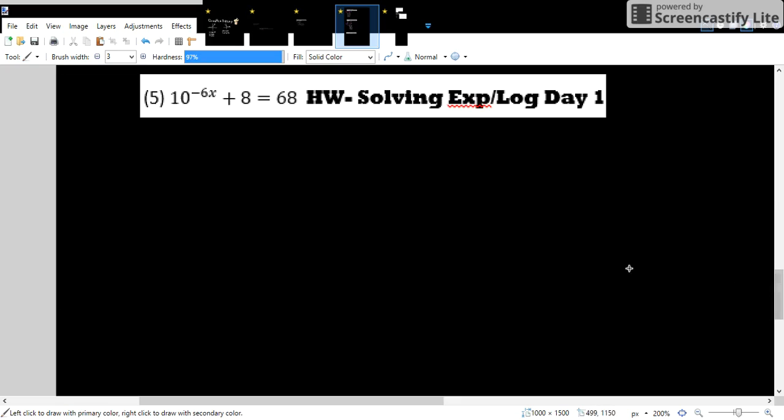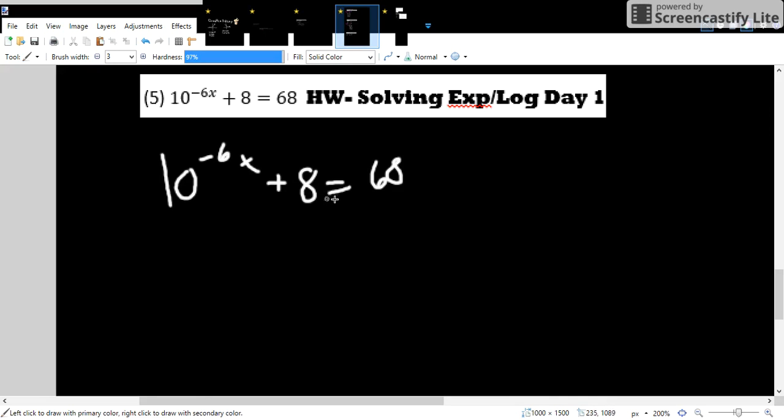Okay, so now we're going to move on to the section called Solving Exponential and Logarithmic Day 1. We're going to look at example 5. We have 10 to the negative 6x plus 8 equals 68.